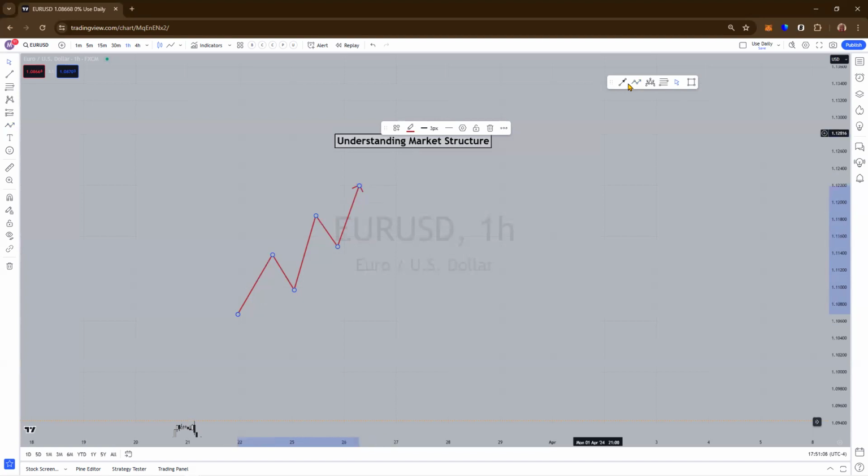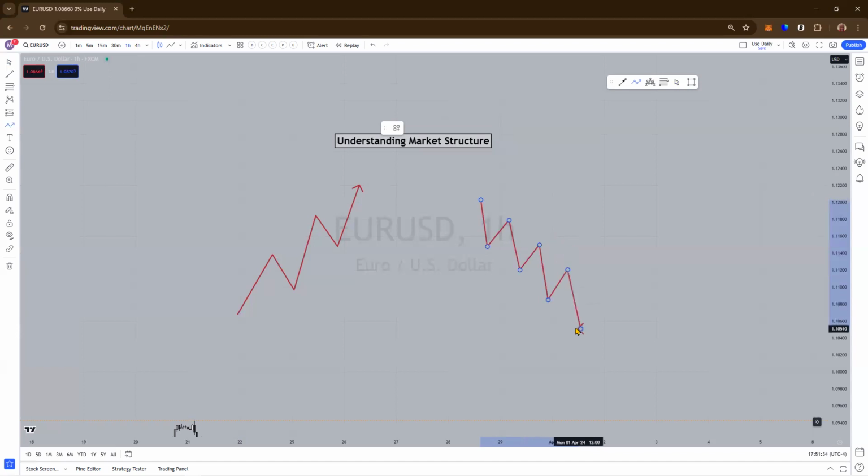And then on a downtrend, it does the same exact thing. You have a lower high, then you have a lower low, then you have a lower high, lower low, lower high, lower low. So this low is lower than this low, and this lower high is lower than this lower high. So this is what we call market structure.